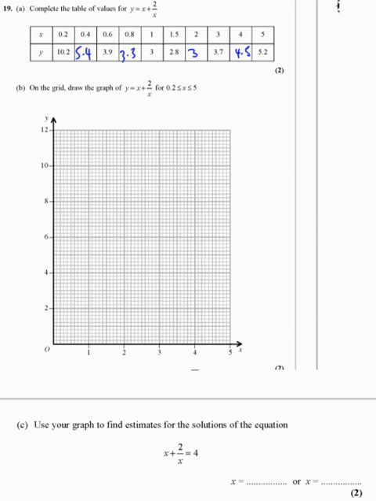And so if we plot the graph, we get these points as follows. It should look something like this.